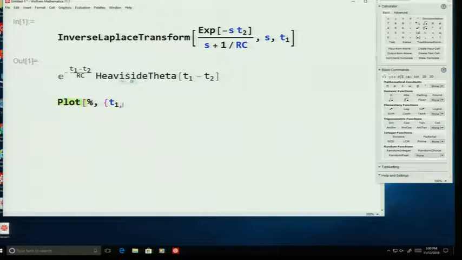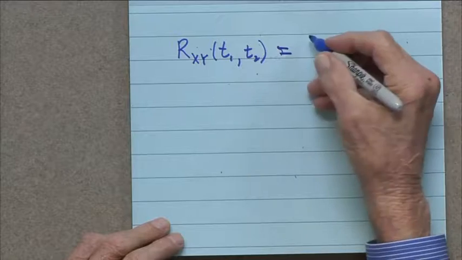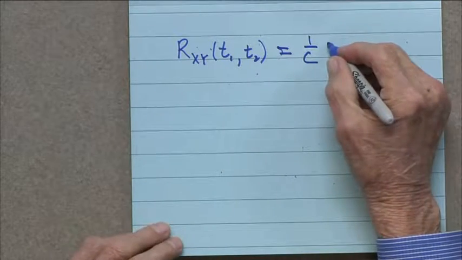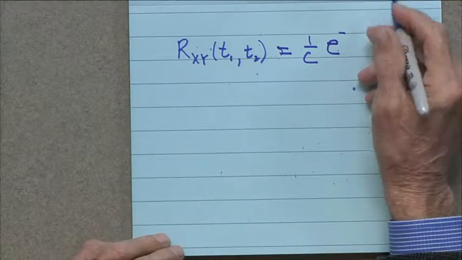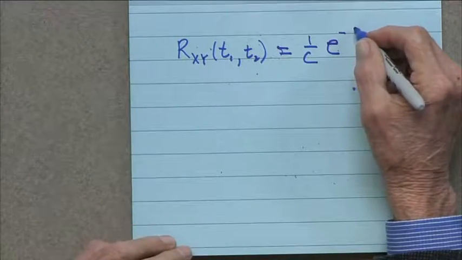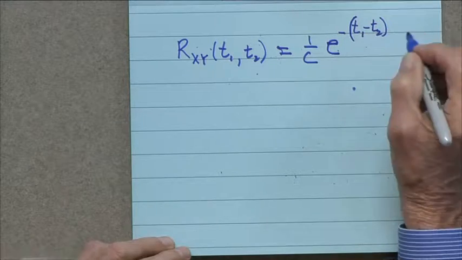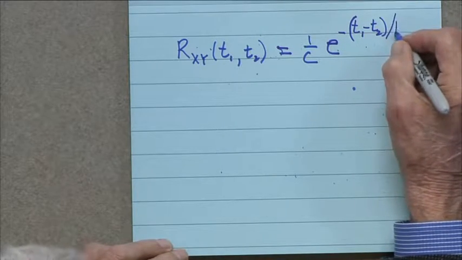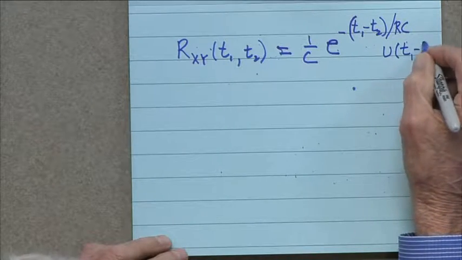R_XY of T1, T2 is equal to, with the 1 over C, e to the minus (T1 minus T2) over RC times the unit step of T1 minus T2.